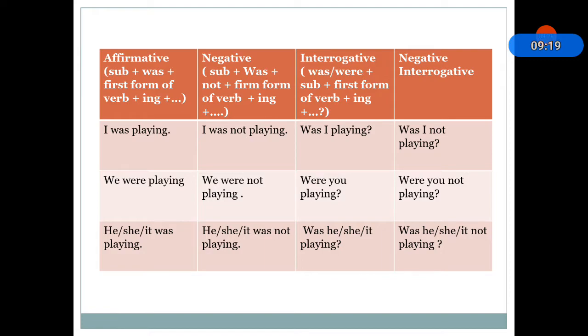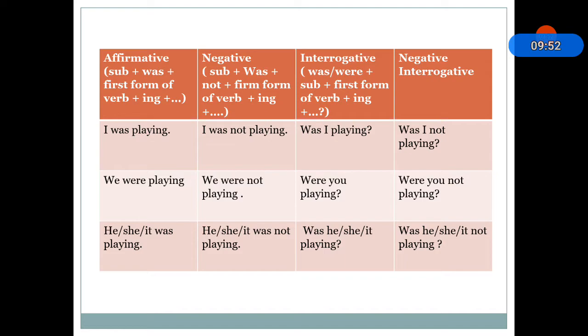Negative will be subject plus was plus not plus first form of verb plus ing plus the object. Example, I was not playing. Then interrogative. The rule is was or were plus subject plus first form of verb plus ing plus the object. Example, was I playing? Or you can say were I playing?